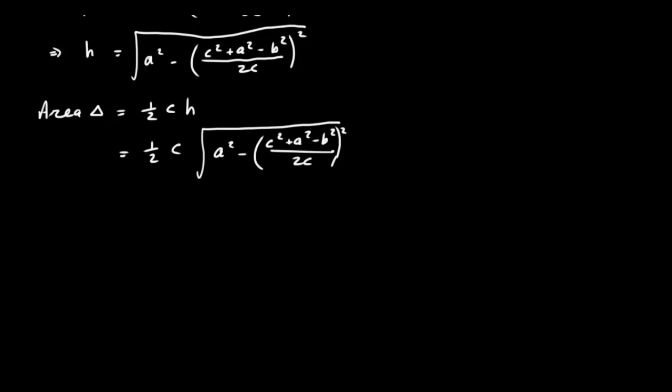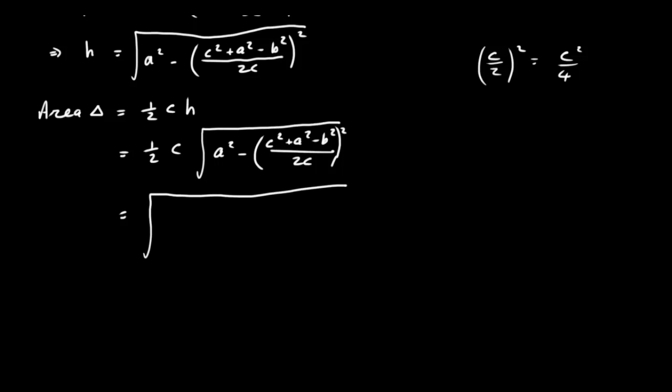Okay, so now we've got to get into converting all of this to Heron's formula. First thing we've got here is a half c outside the square root. So I'm going to stick that inside the square root. If I have half c, or just c over 2, what I'm going to do is square it. That'll give me c squared over 4. I'm going to stick that inside the square root symbol here, so that won't change anything.